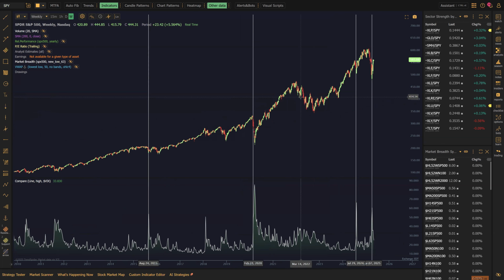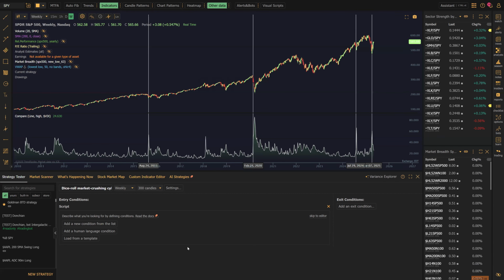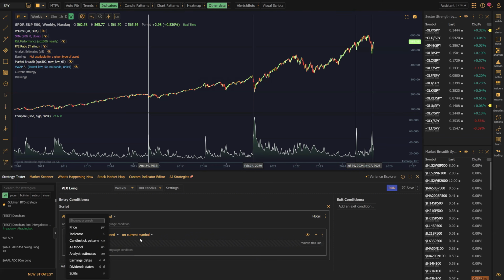Yeah, you can draw vertical lines, but TrendSpider can do a lot more than just draw vertical lines on your chart. So what I'm going to do, I'm going to open the strategy tester here, and we're going to put just pretty much buying the SPY when VIX spikes to the test with some real data. And so I'm going to name the strategy VIX long, add a condition group.